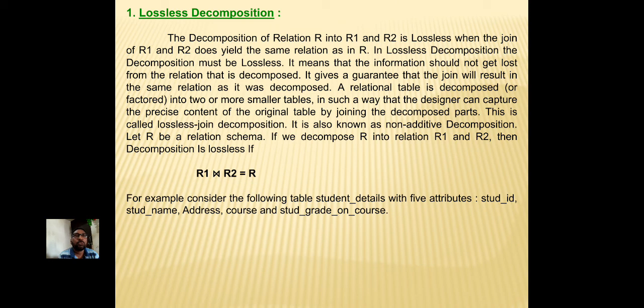It is also known as non-additive decomposition. Let R be a relation schema. If we decompose R into relations R1 and R2, then the decomposition is lossless if R1 natural join R2 is equal to R. For example, consider the following table: student details with 5 attributes: student ID, student name, address, course, and student grade on course.